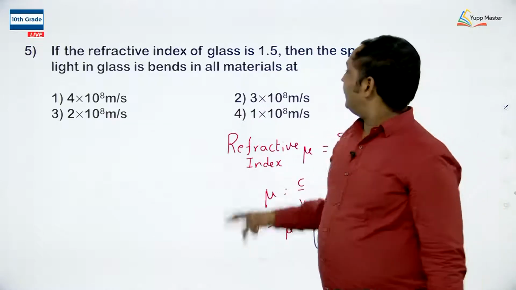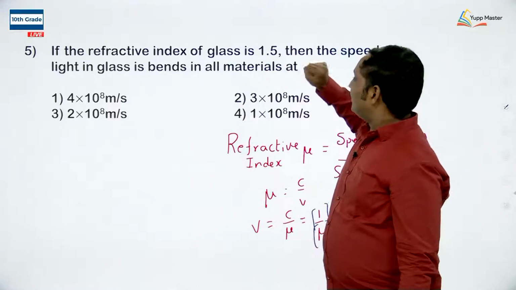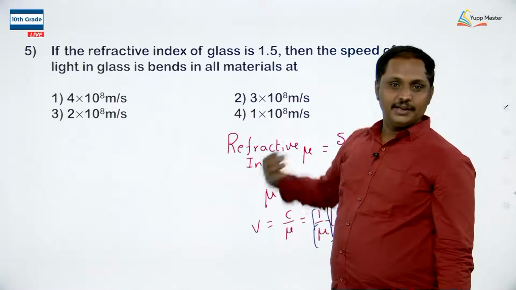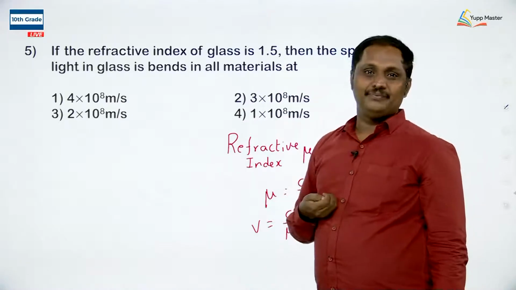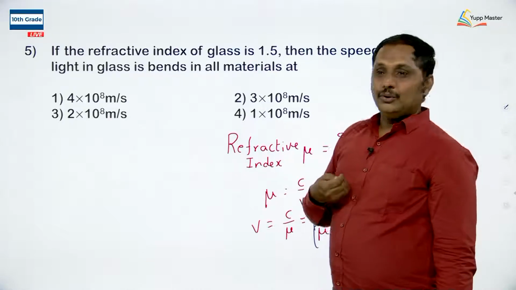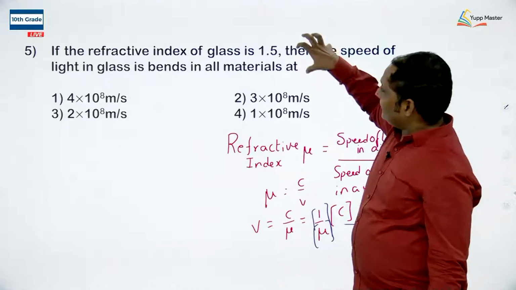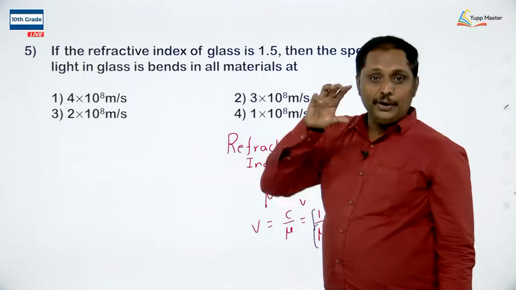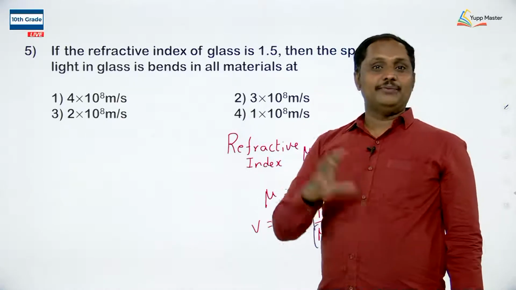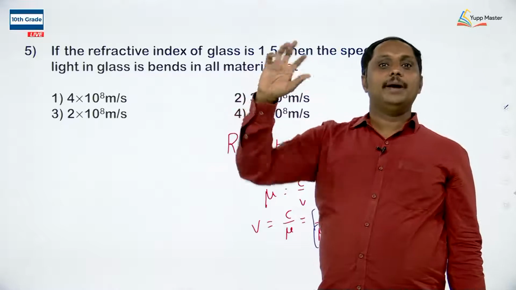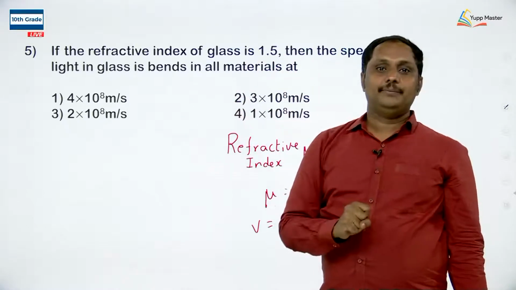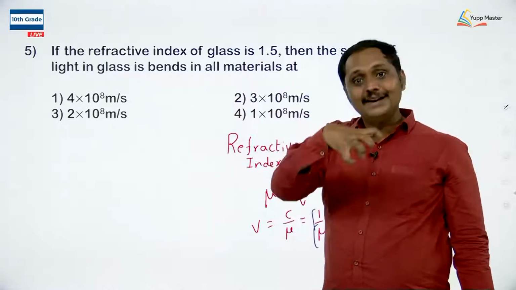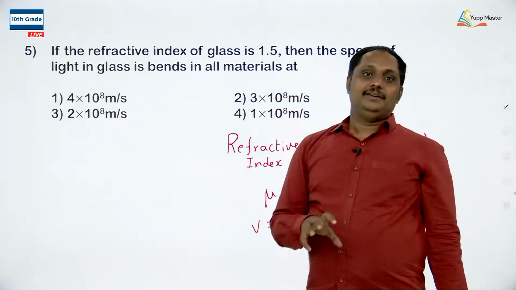Suppose you take the refractive index of water, it is going to be 1.33. So the speed reduces 1.5 times in glass, and 1.33 times whenever light enters from the air medium to the water medium. What happens? Its speed decreases.